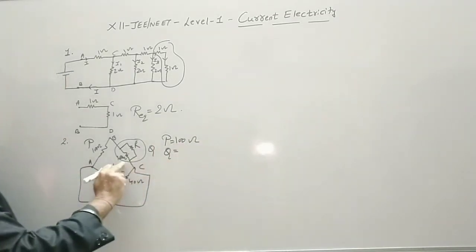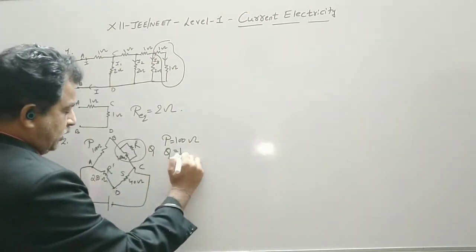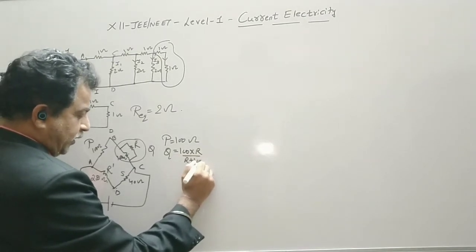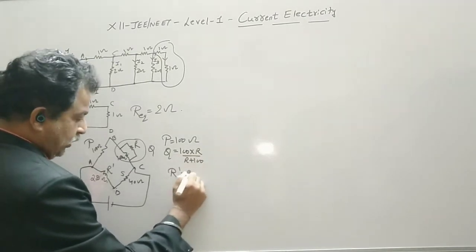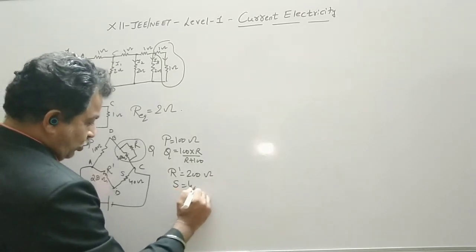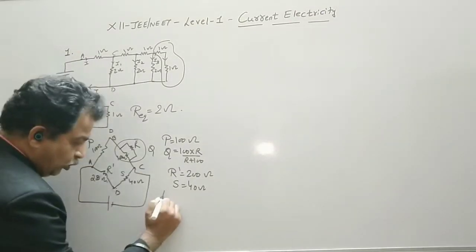Q is clearly the parallel combination, so it becomes 100 into R upon R plus 100. R dash is equal to 200 ohms and S is equal to 40 ohms. If the bridge is balanced, then we know the formula.